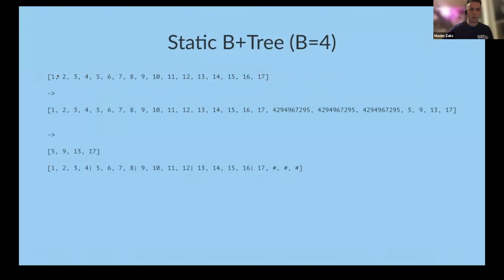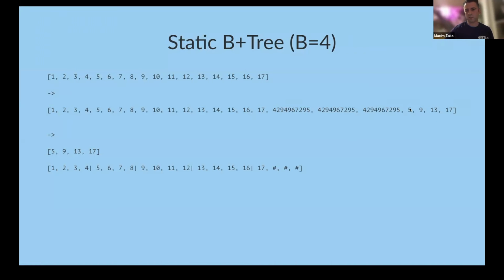Imagine you have this sequence of numbers from 1 to 17, and you would like to create a B+ tree out of it, where every node has four elements in it. When we create the static B+ tree, this is the resulting array. So we keep this one, which is just one memcpy, and then we add here basically padding with the highest number which we have.